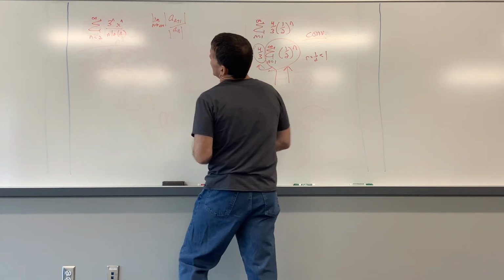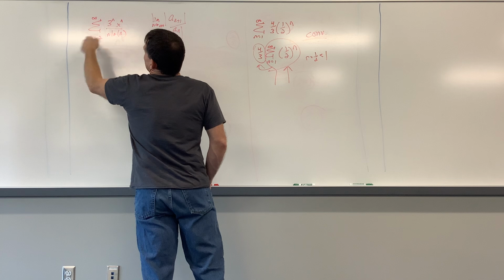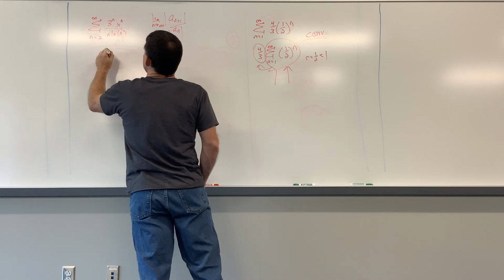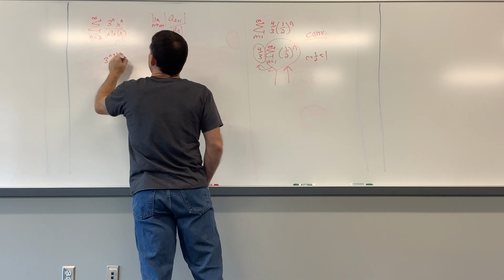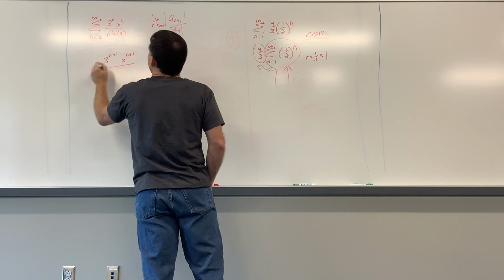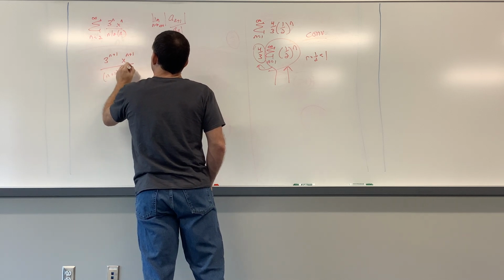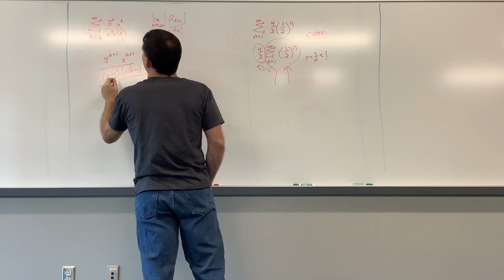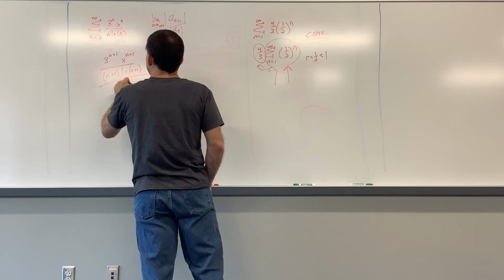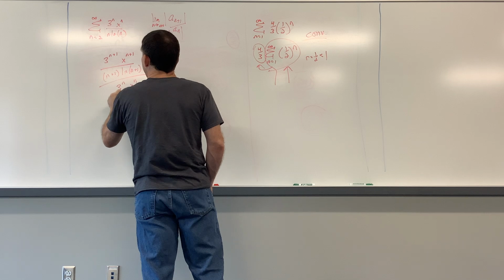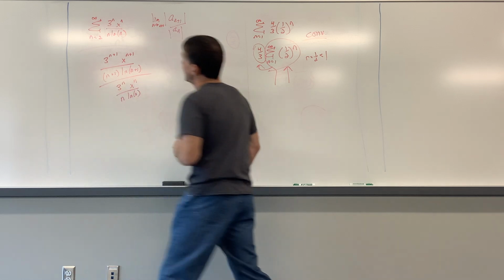So for this, we get 3 to the n plus 1, x to the n plus 1 over n plus 1 ln of n plus 1, all over 3 to the n x to the n over n ln n.